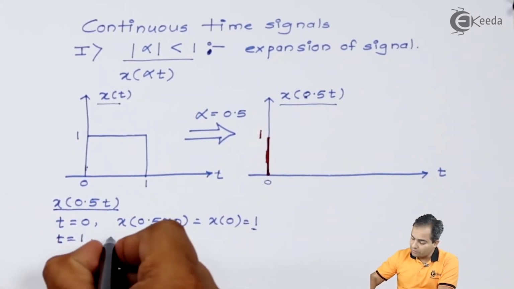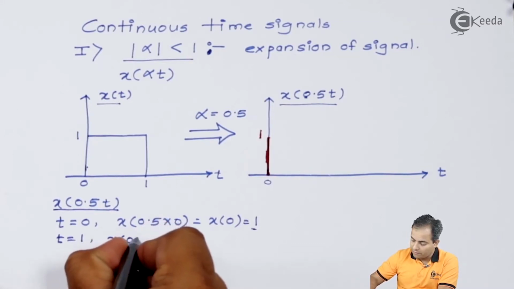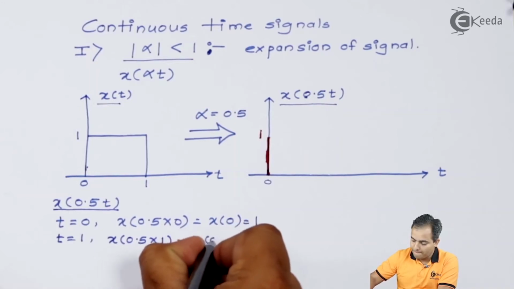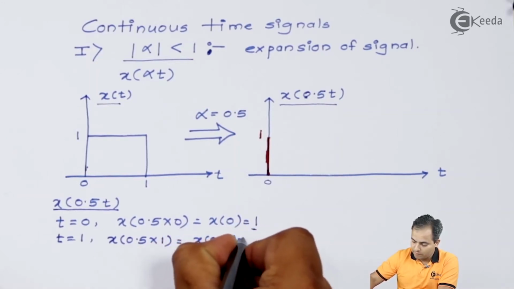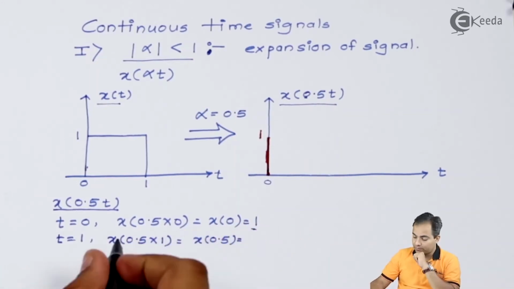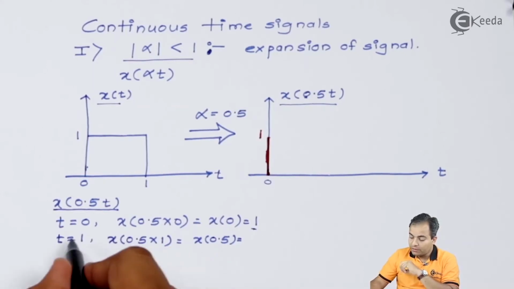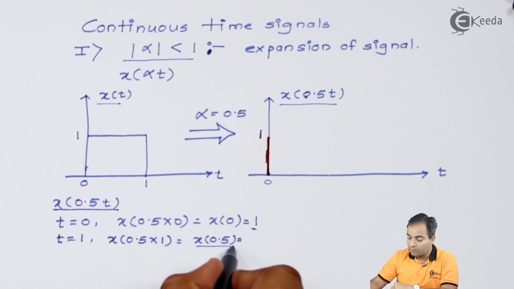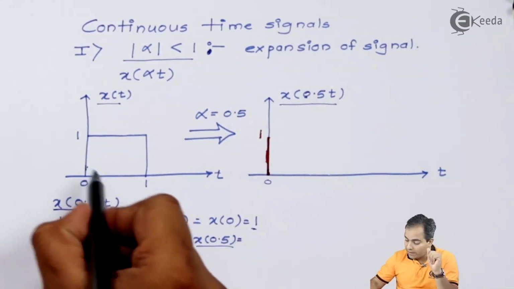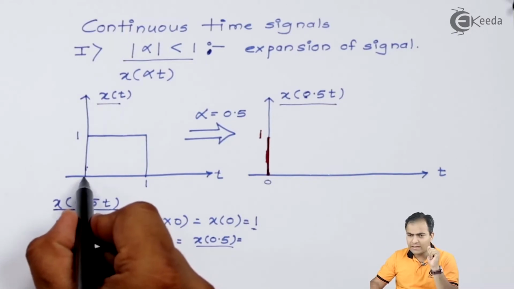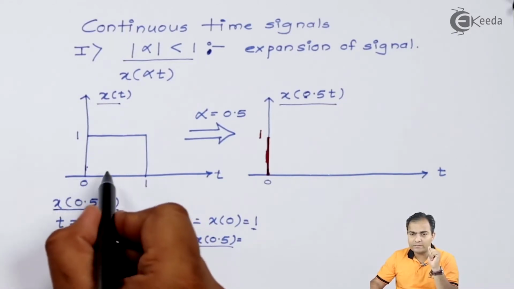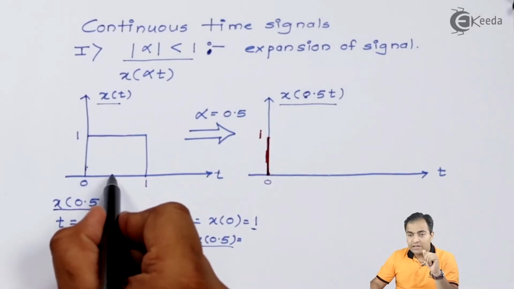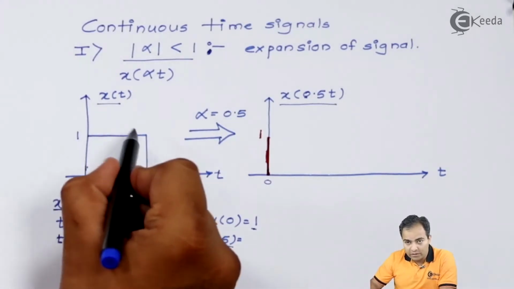If I substitute t equals 1, then what will I get? X of 0.5 into 1, so x of 0.5. Now just look here, x of 0.5 lies between 0 and 1, and as this graph is continuous, this 0.5 also has amplitude 1.